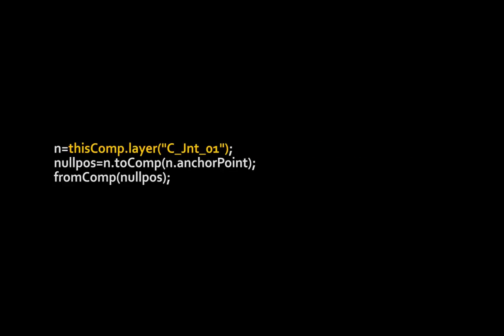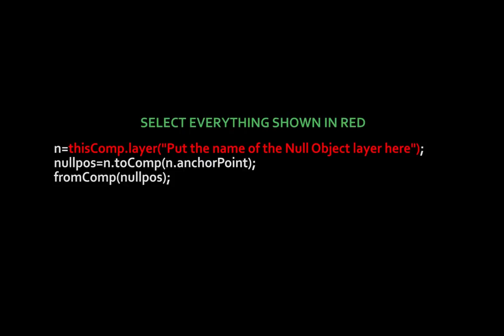To do this, you can just highlight everything from thisComp.layer all the way to the semicolon, leave the semicolon in, and then use your pick whip to select the layer you want to replace that with, and then the code works perfectly.